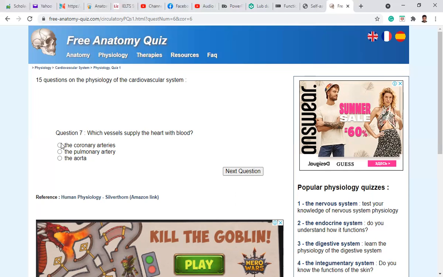Okay, yeah, good. But I'm going to teach it later, and then we'll see all the branches of the coronary artery and which part of the heart each is connected to. It's connected to the aorta, right? Yeah, but it's a whole network of blood vessels with different branches, which we're going to look at and see which part of the heart each of them supplies.